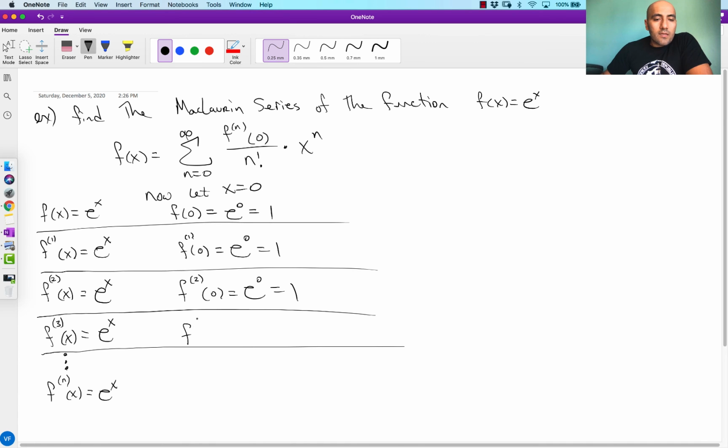And then the third derivative, evaluated at 0, well, that's also e to the 0. That's also equal to 1. And so on and so forth. And so the nth derivative of the function evaluated at 0 is just going to be e to the 0, and that just equals 1. Okay, so that means that this part here is just always going to be equal to 1.